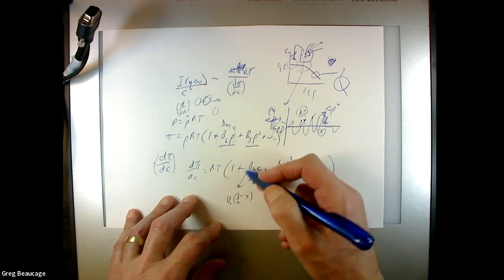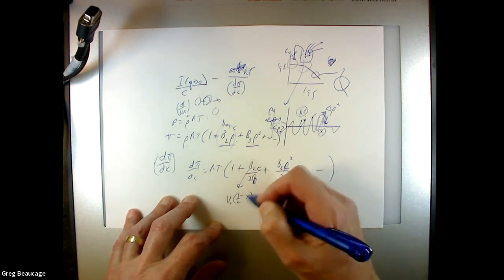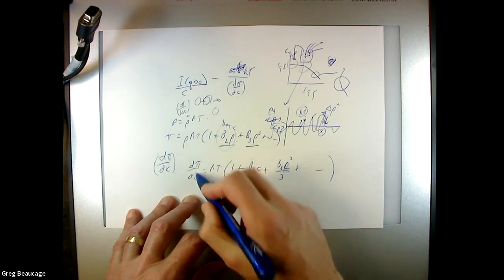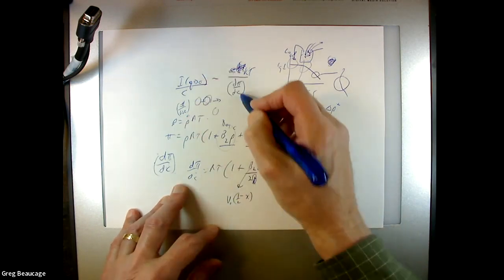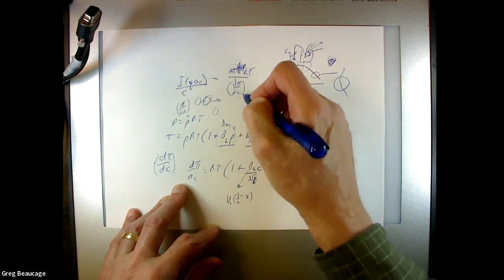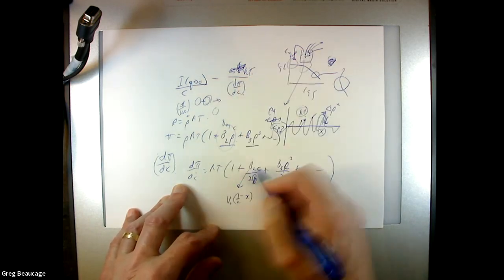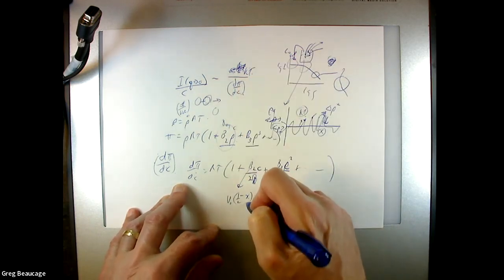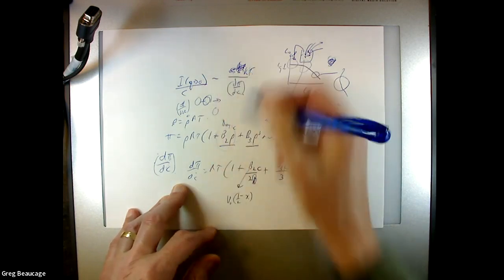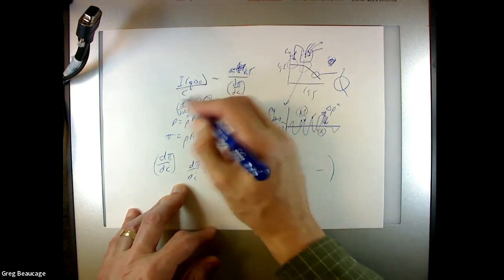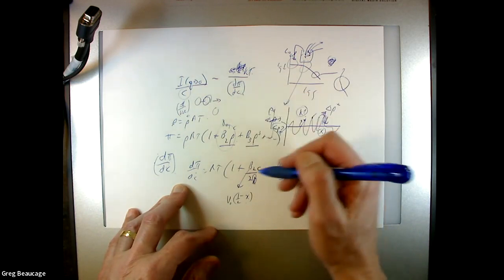So anyway, we have a way to measure chi here. We can get this I naught, and we know what the temperature is, and we get this dπ/dc. You take the derivative of this, you can get the chi out of this. So you can measure chi from how this thing changes with concentration.